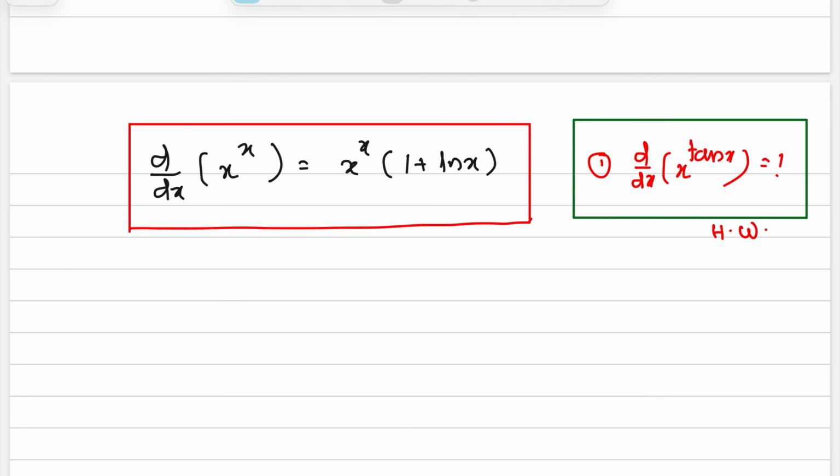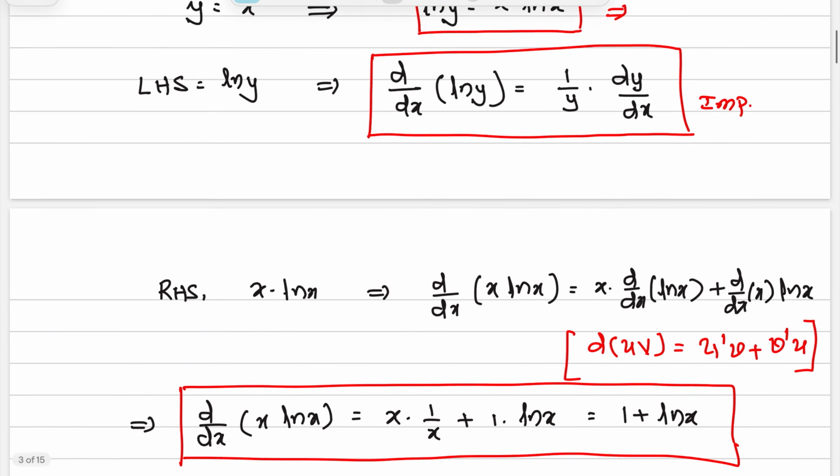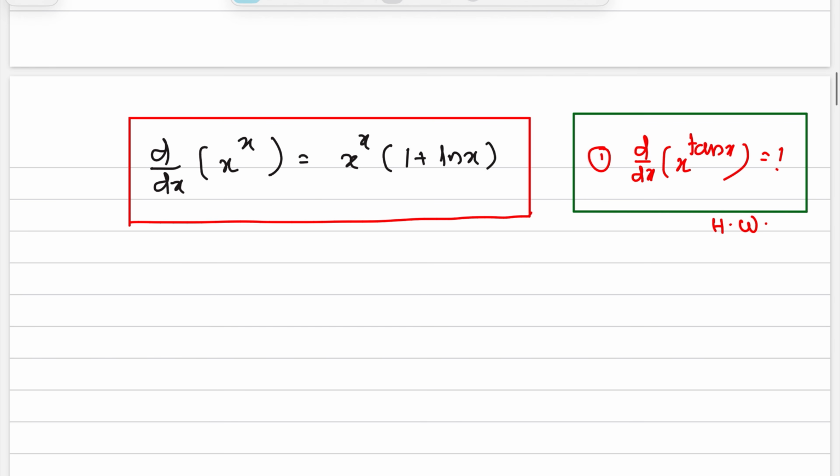Now, d by dx of x to the power of x is equal to x to the power of x into 1 plus ln x. That we have got. Now, what is the problem given here? Integral of x to the power of x dx is equal to, now we have solved for d by dx of x to the power of x.